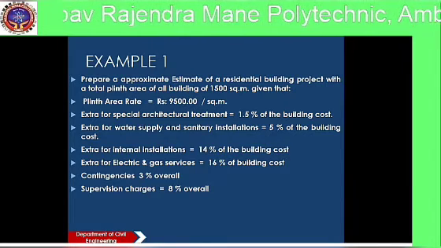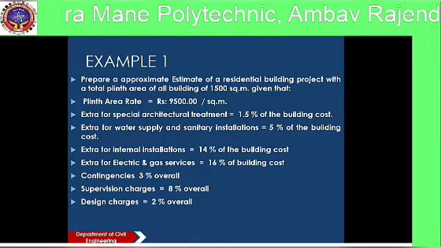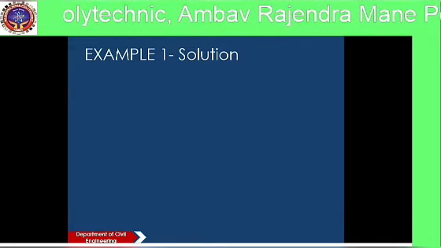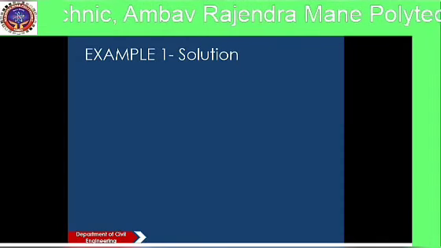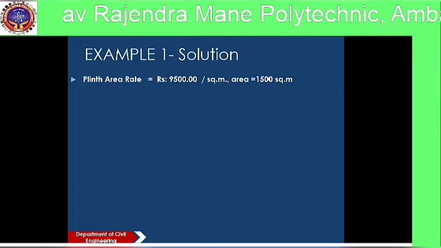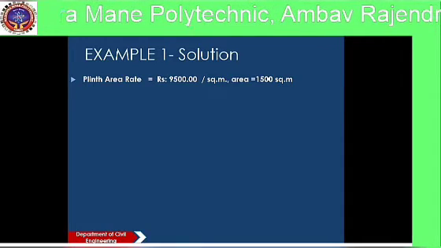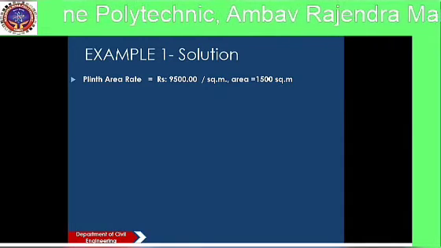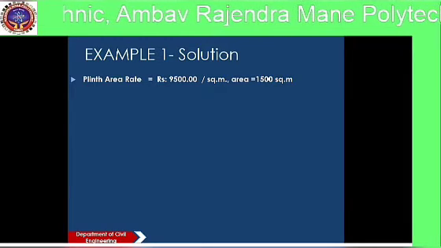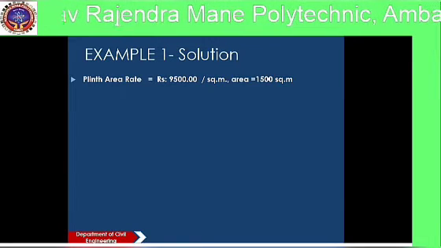Supervision charges 8% of overall cost. Design charges 2% of overall cost. So this is the data given in the example. So solution. First given data is the rate per square meter of plinth area is 9500 rupees, and total area of building is 1500 square meter.